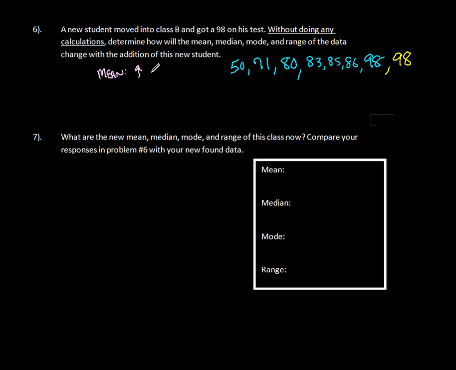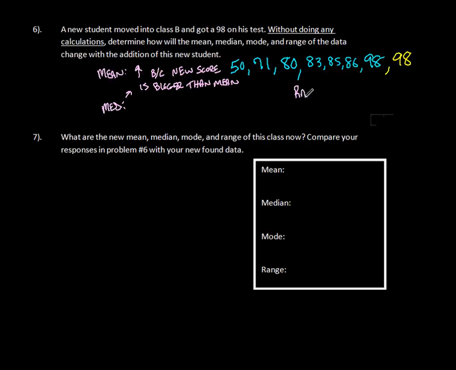So I'm just going to say the mean is going to increase because the new score is bigger than what the mean was. I can say the same thing for the median. It's going to go up as well because it is bigger than the mean as well.